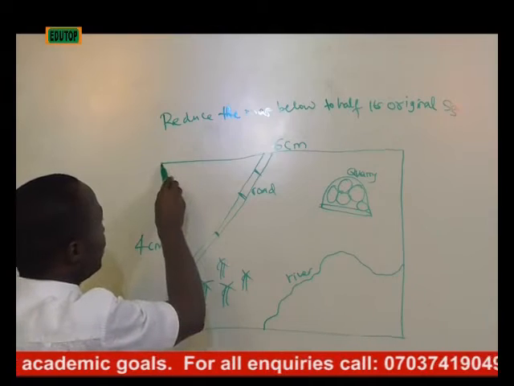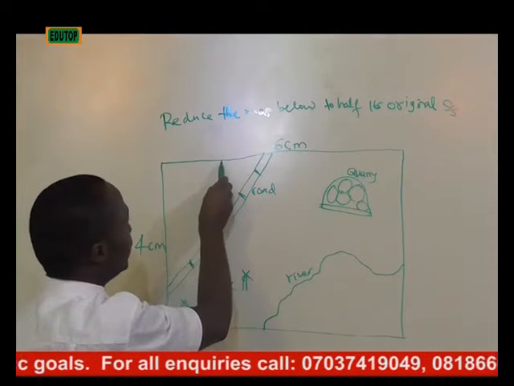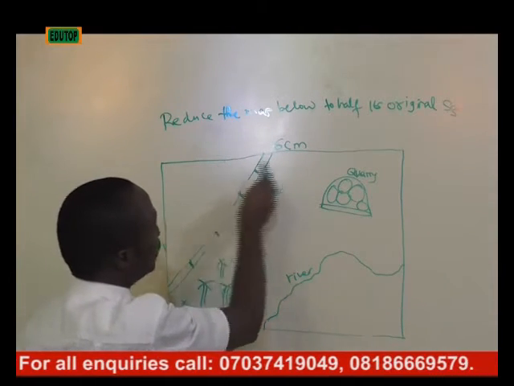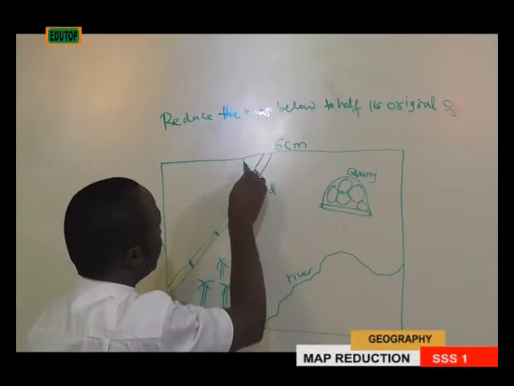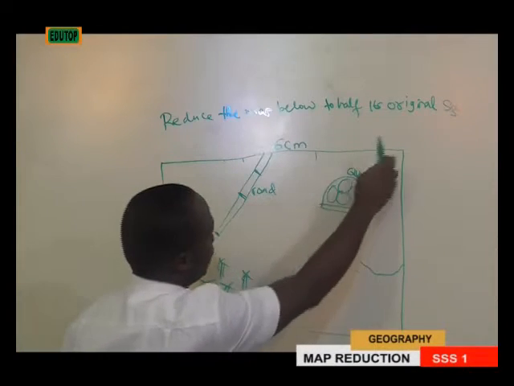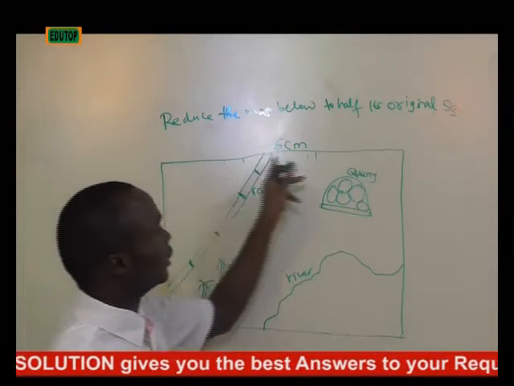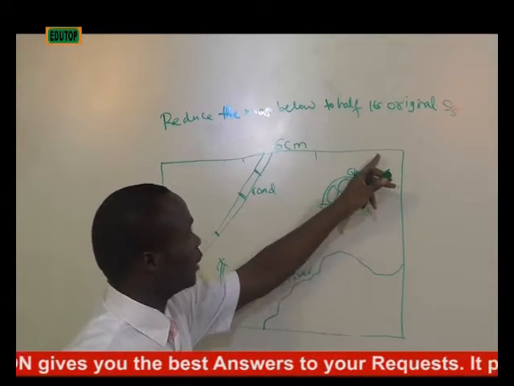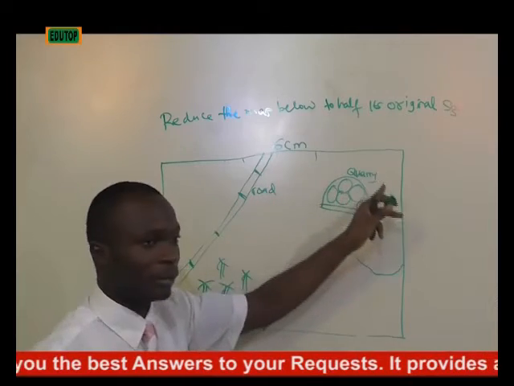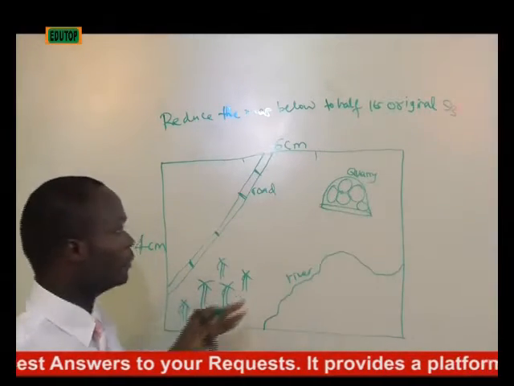You measure from here to here is 3, and from here to here is 3. So you have succeeded in dividing this side of the map into equal halves. By that, you are gridding the map.